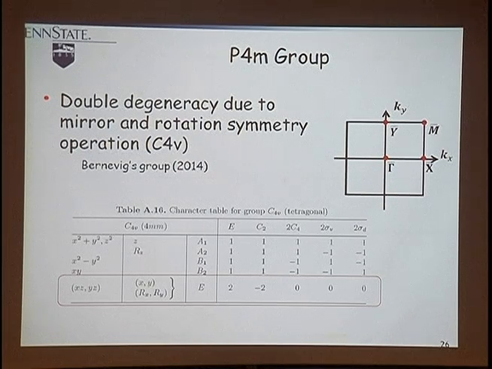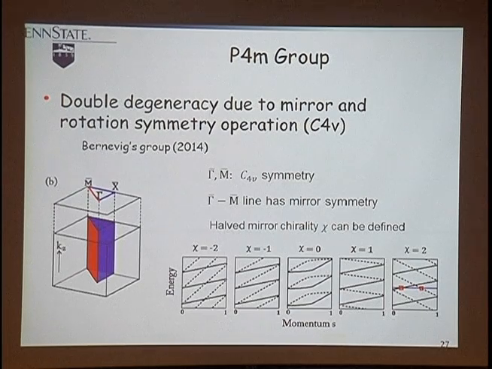And this has been shown by the Bernevig group, that it's possible to define a topologically non-trivial state in this case, with a topological invariant which they call the halved mirror character. Basically, it is defined along these 3 planes, and on the surface along these 3 lines you can find this type of non-trivial surface state.